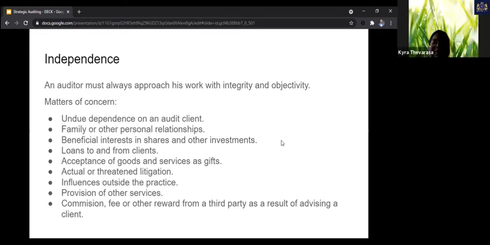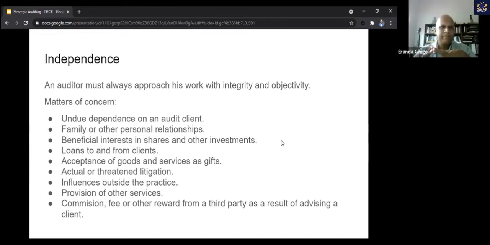Do you see a problem there? Yes, there's an undue dependence on that client, right?